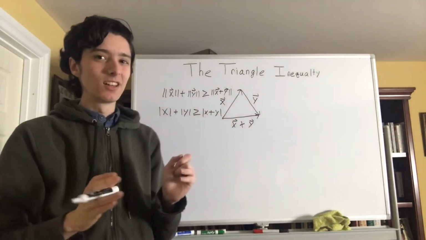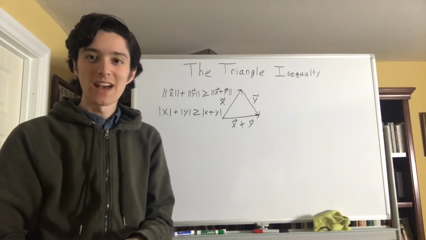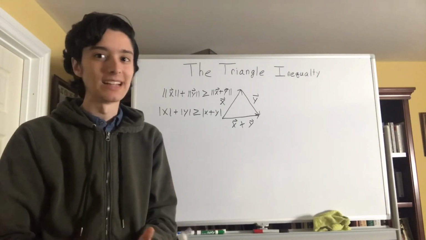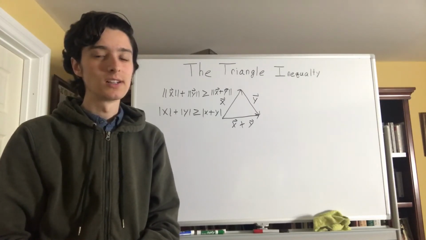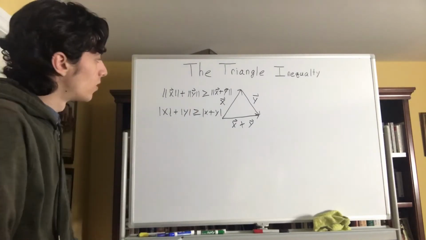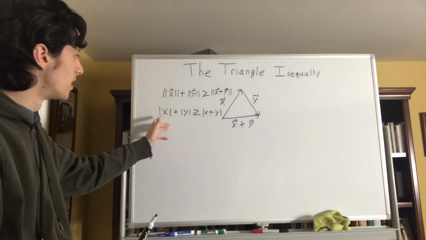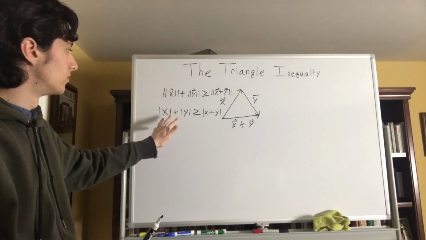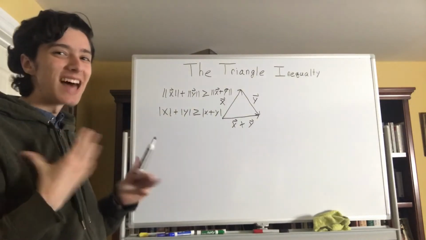Now this idea is a little bit more difficult to demonstrate, and so we're going to actually have to go through and prove this idea. So let's take a look at it. Let's start with the absolute value of x plus the absolute value of y.